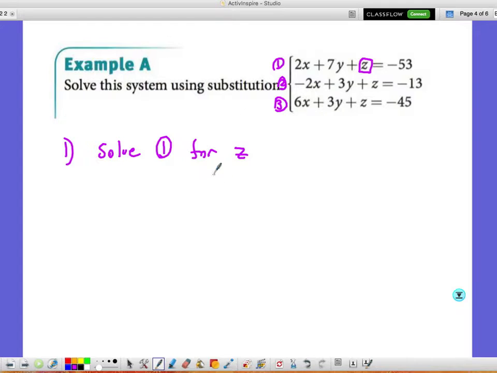Let's take equation 1 and write it out: 2x plus 7y plus z equals negative 53.